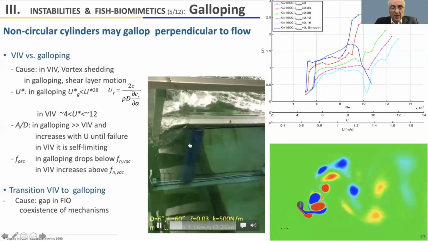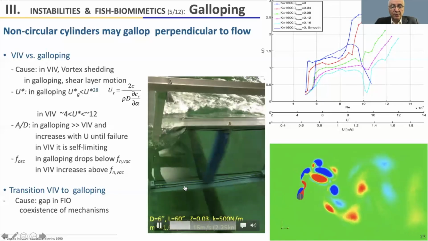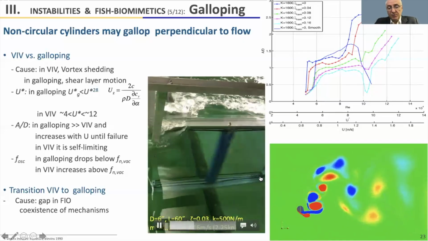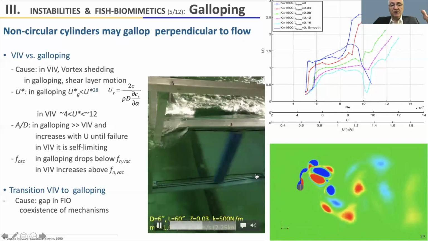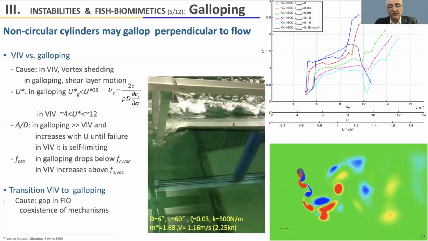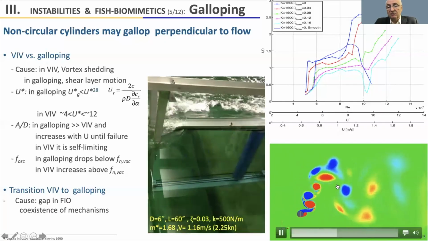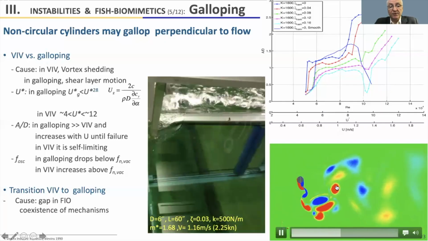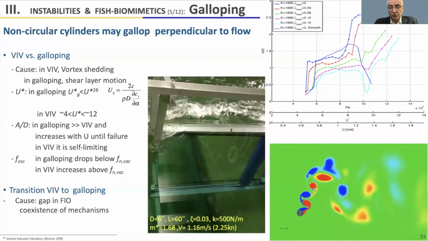The cylinder has a turbulent stimulation here, which makes it gallop. It moves in this particular experiment plus or minus 4 diameters, and it would move in one direction if the frame was not finite. So you have the alternating lift and the alternating motion, but not due to vortices. Actually, sometimes the alternating vortices help and sometimes hinder the galloping motion.